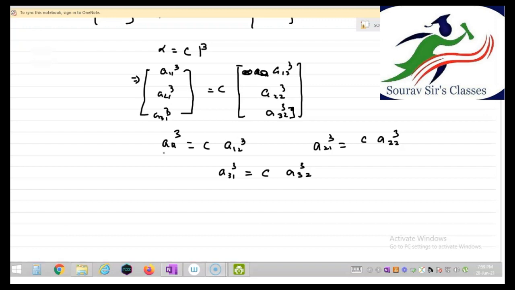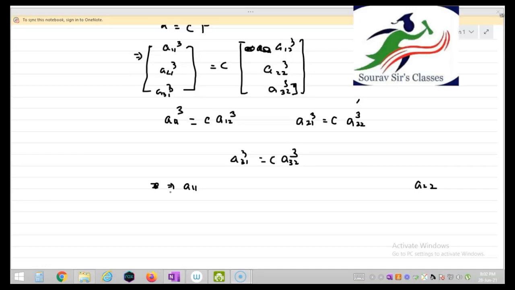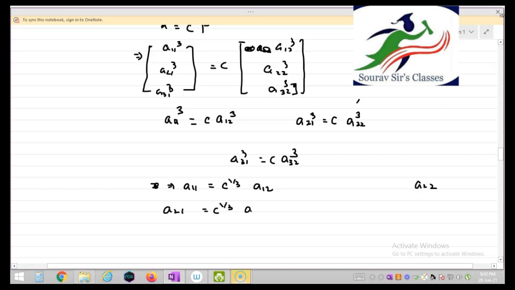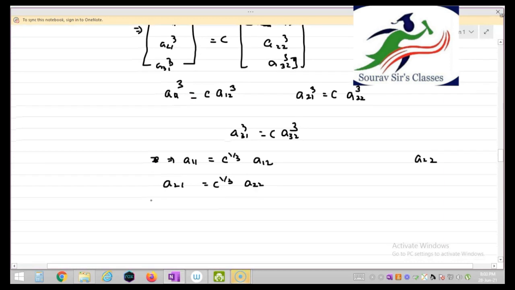And hence from this I can say that A11 equals C to the power 1 by 3 into A12, A21 equals C to the power 1 by 3 into A22, A31 equals C to the power 1 by 3 into A32. As C is a real number, C to the power 1 by 3 must have a real root, so there exists at least one real number.